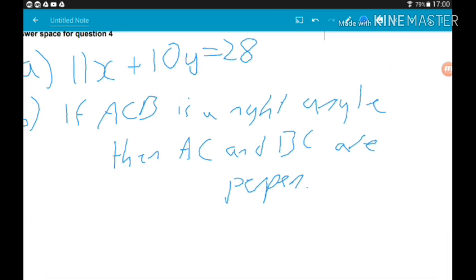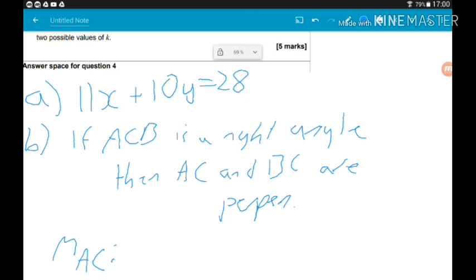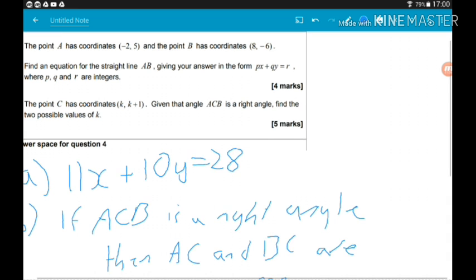Let's do just that. Let's first work out the gradient of AC. We know that C has coordinates k, k plus 1, and A has coordinates -2, 5.